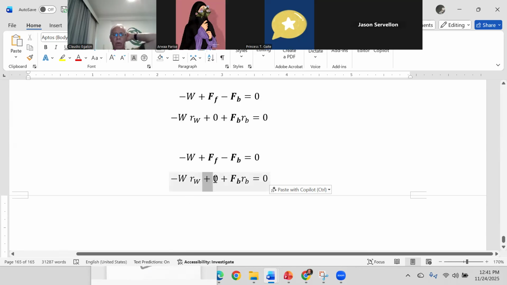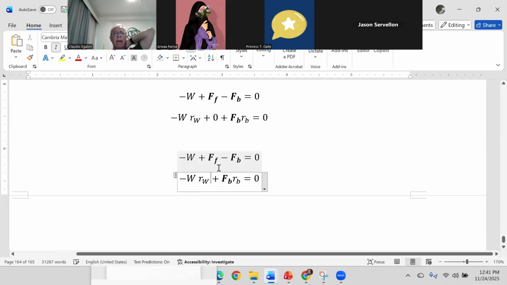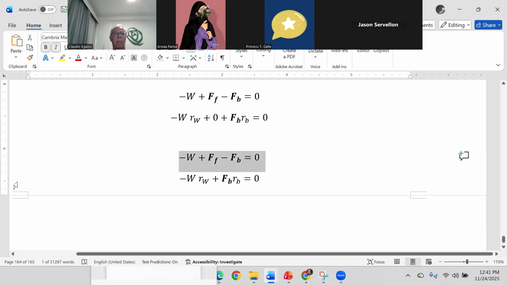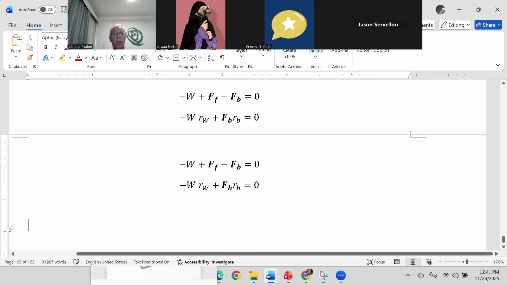What I can do is eliminate one of the unknowns. The unknown that I'm going to eliminate is this one here. And by eliminating, what do I mean? I mean I have to write this unknown in terms of the other parameters that are known. This is going to go to the right side.